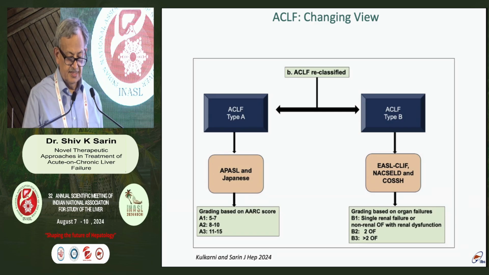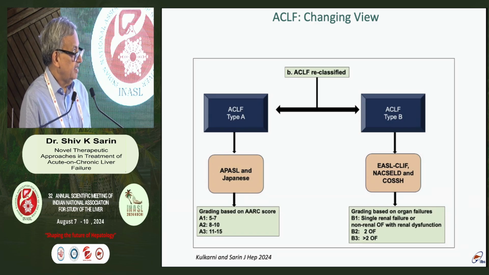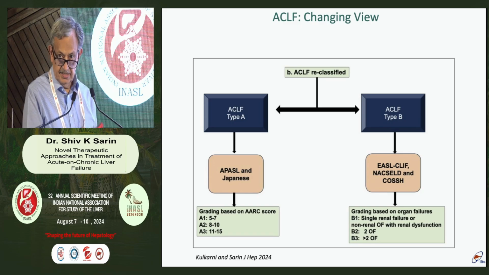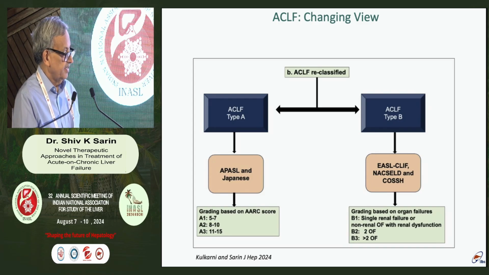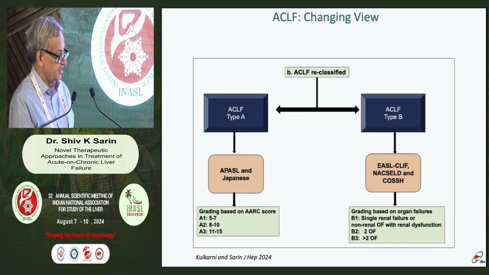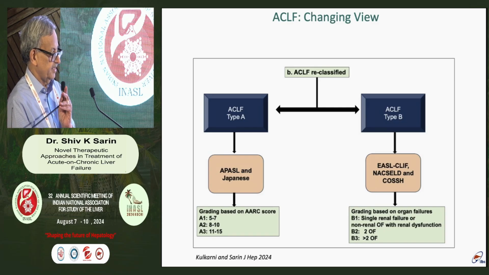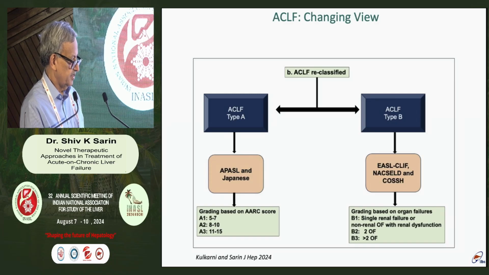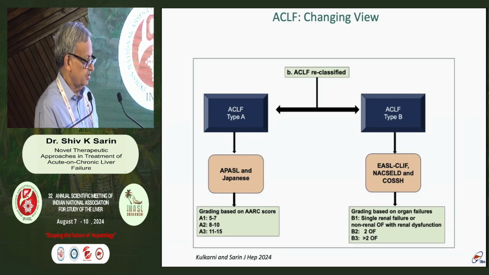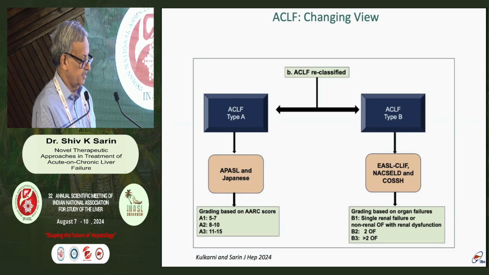But let me tell you the second diagram of this same harmonizing definition part, and what we thought of reclassifying, and this is undergoing evolution, is type A ACLF and type B ACLF. And this is to simplify that if you have the Japanese definition, which is almost the same as APASL, you use type A, which means it is a liver-based injury, and it can be grade 1, 2 and 3, and this gives you based on ARC, which has 4 of liver and 1 of kidney.